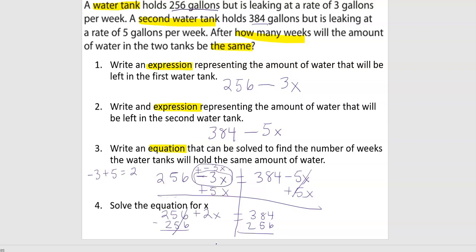And I'm going to be left with 2x equals, I'm going to borrow, 128. So again, I'm going to rewrite it over here. 2x equals 128. Divide both sides by 2 to get x alone. And I'm going to get 64. So again, it's a word problem, so that means it's going to take 64 weeks for both tanks to have the same amount of water in them.